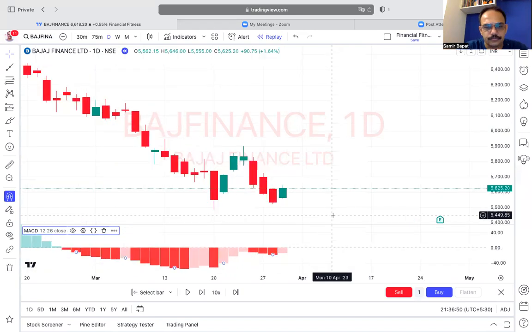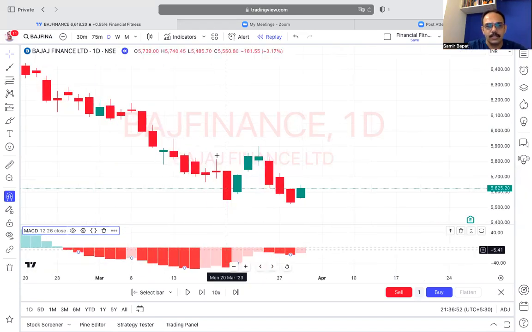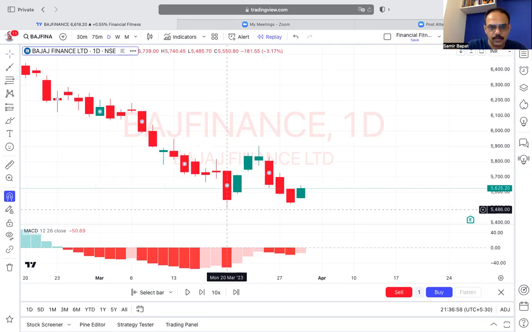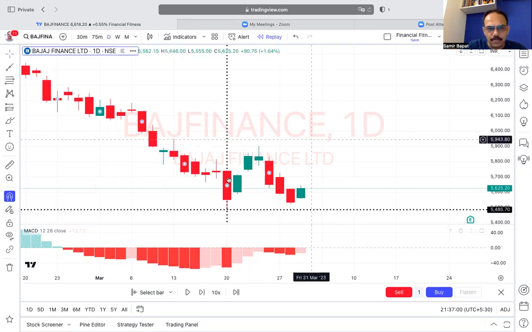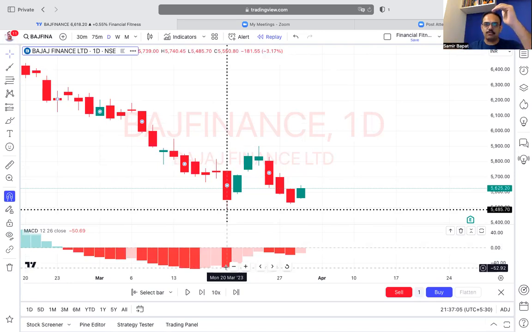Now, when the price came here, I'll draw a cross here. Now, when the price came here, the histogram size, if you see, is almost minus 50. Actually, numbers don't matter much.